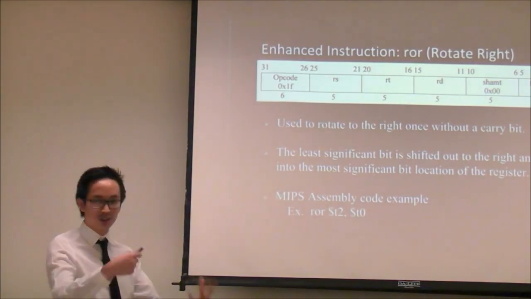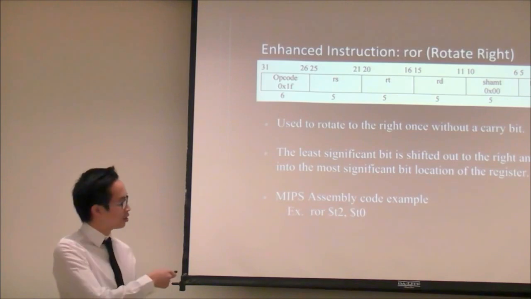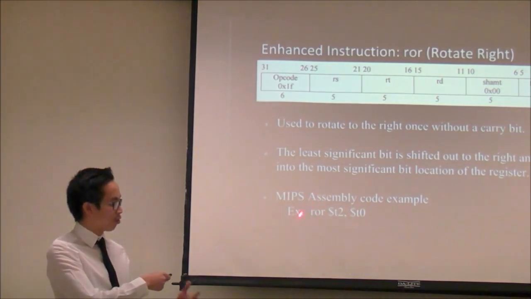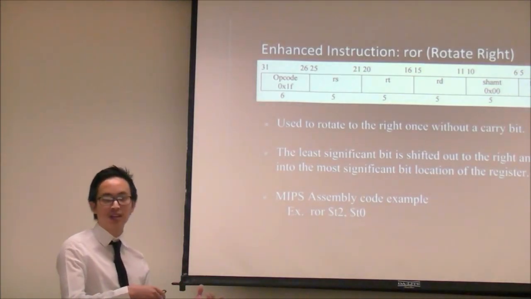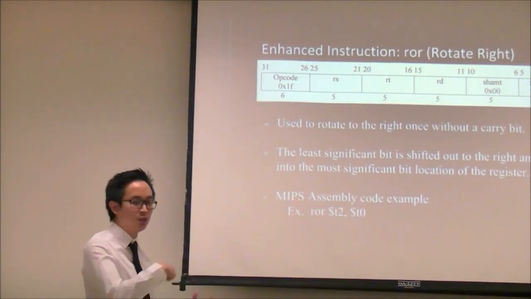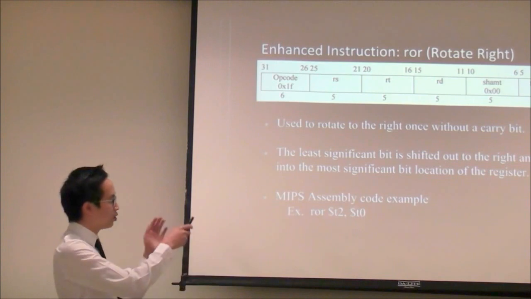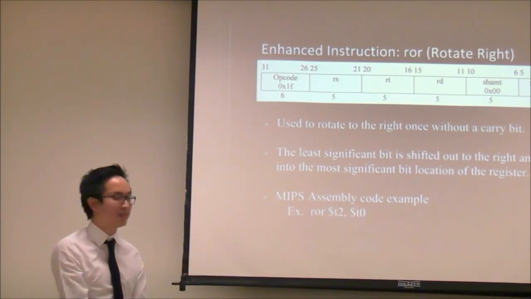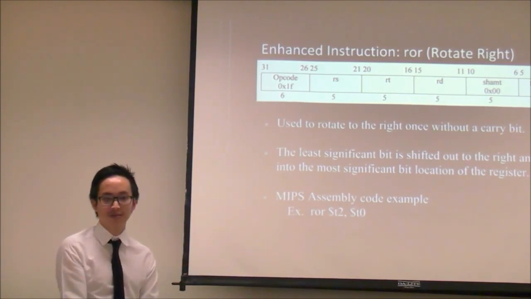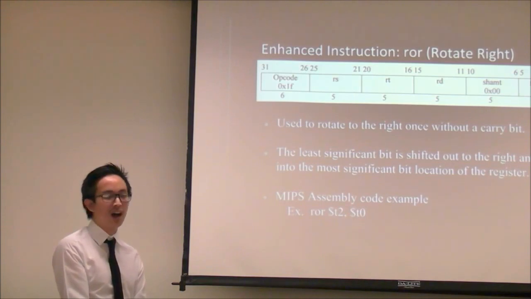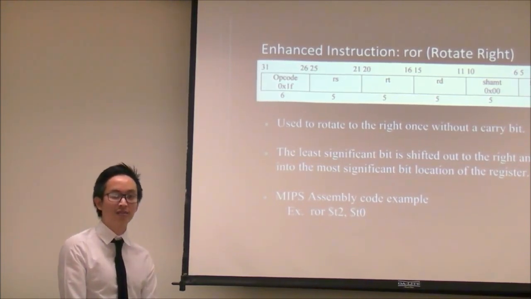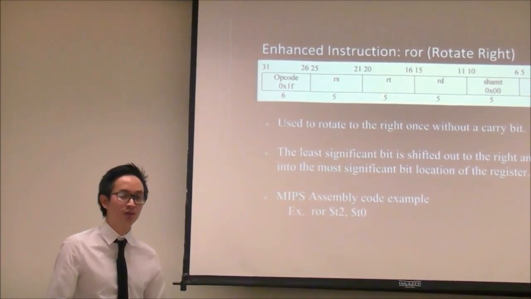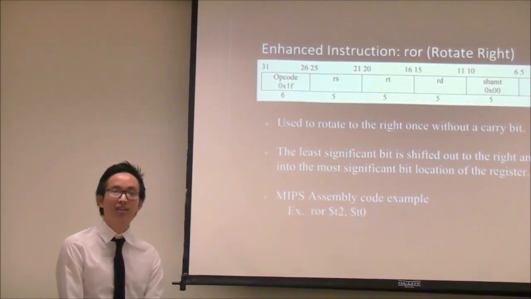In assembly, it would be ROR T2, T0, meaning that we would rotate the value in T0 to the right and store that value into register T2. So shift amount can never be included. Due to our time constraints, we were unable to include that for this instruction, but if we were to enhance the instruction more, we would most likely add that.